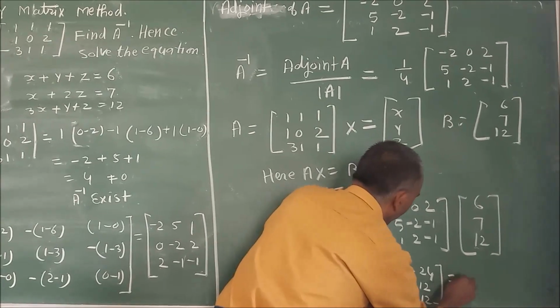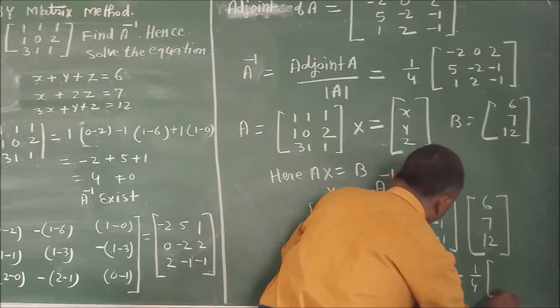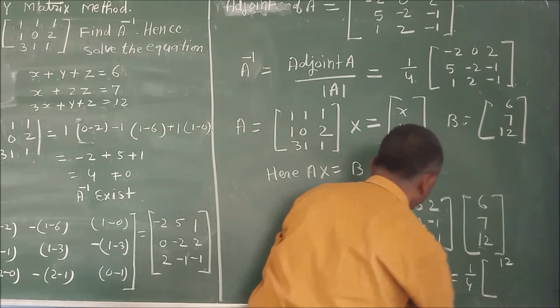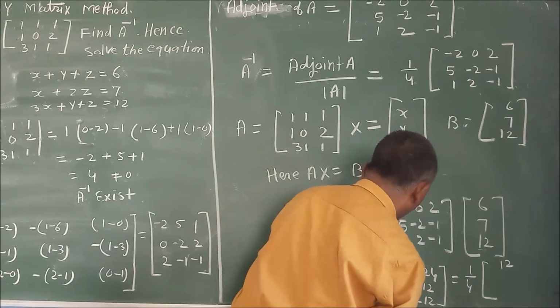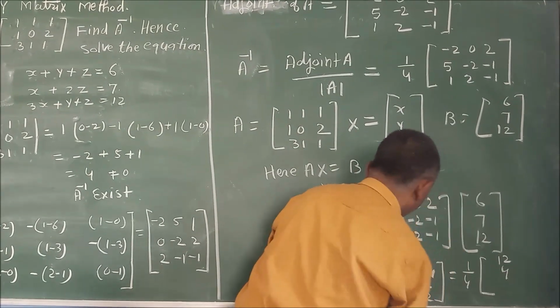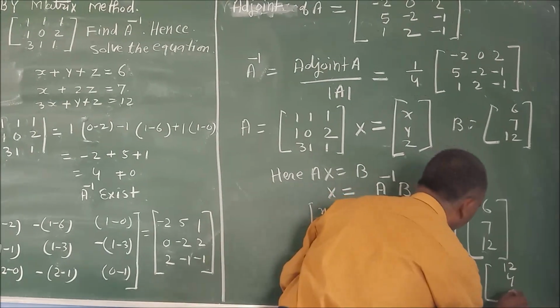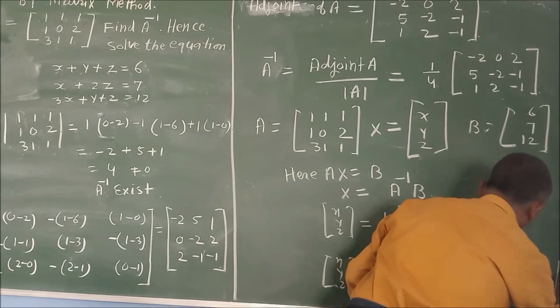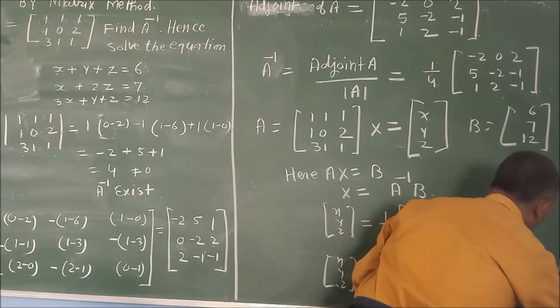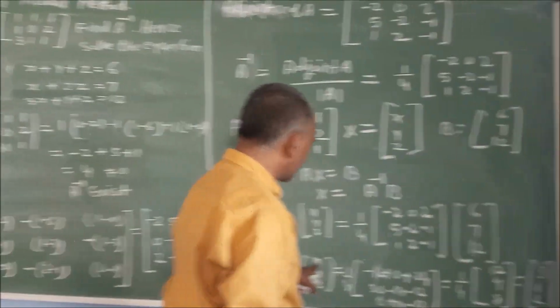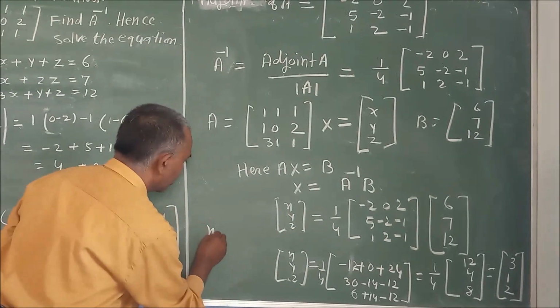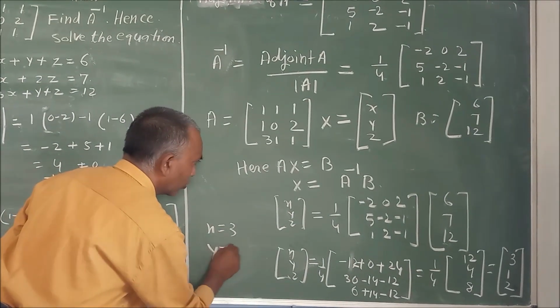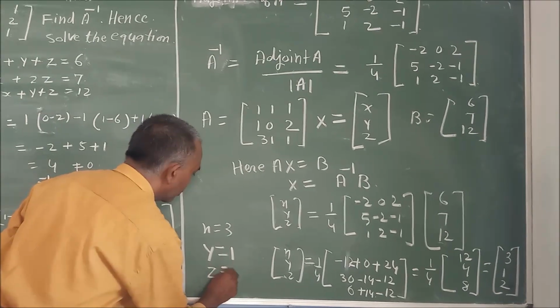So this will equal 1 by 4 into 12, 4, and 8, which equals 3 1 2. So X is equal to 3, Y is equal to 1, and Z is equal to 2.